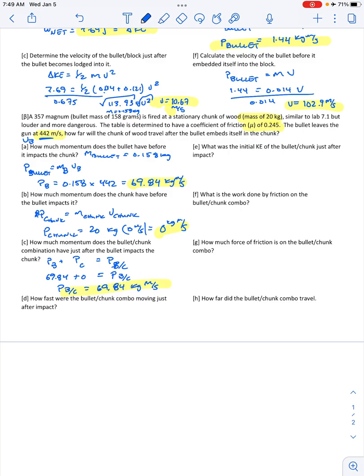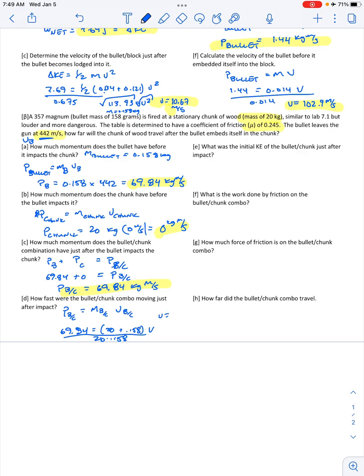So how fast is the bullet chunk moving just after impact? That would be the momentum of the bullet chunk, the mass of the bullet chunk combo, and then the velocity of those two together. So 69.84 equals 20 kilograms for the chunk, 0.158 for the bullet, and then V. So we'll divide that by 20.158.